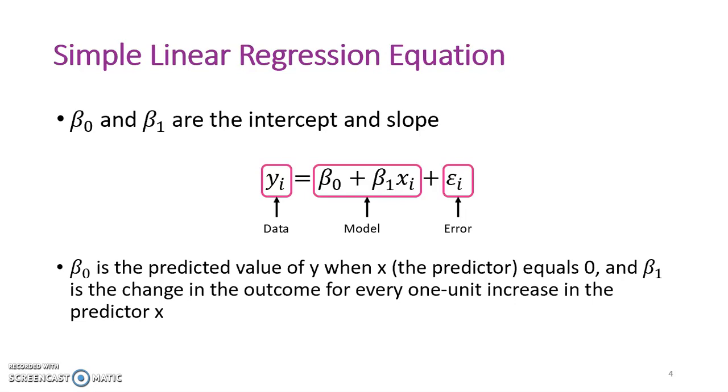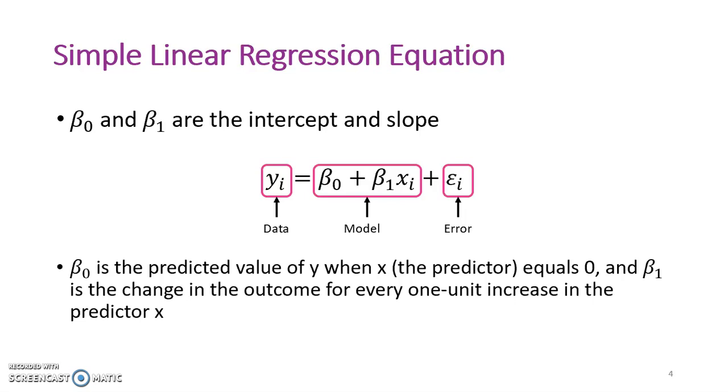Now I've highlighted in boxes here the different parts of the equation to show you how this maps on to the overall framework that we've used so far in this course. Here, y is the data, y sub i. That's the observed score on the outcome for every person. The model here is represented now by these two parameters, the intercept and the slope.